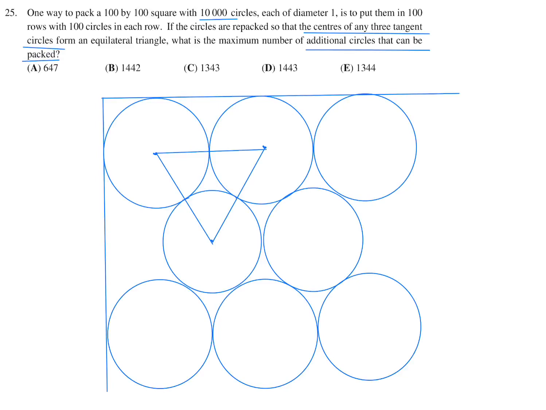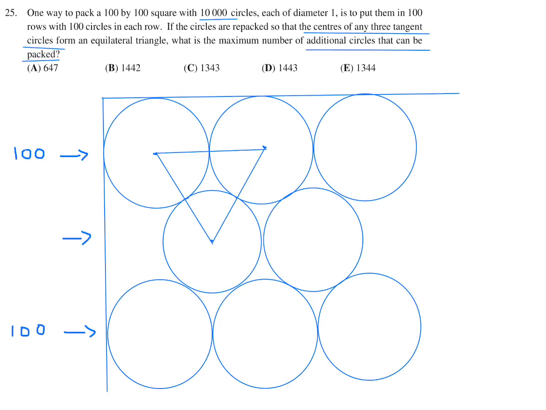Well, the first thing I want you to understand, which is probably a big part of this question, is in each row now, how many circles will you get? And that is an essential part of the question that I think a lot of students get wrong. The first row is the same. It was 100 before, it's 100 again, because the first row, remember, nothing's happened to the first row. Same thing with the third row.